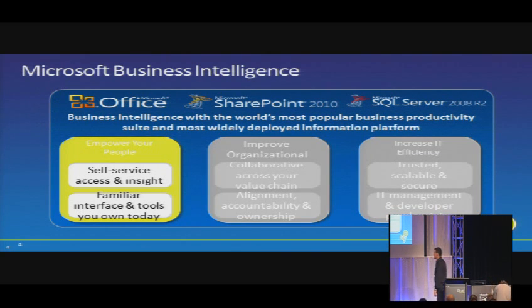So, a little bit about Microsoft Business Intelligence. There are 3 core assets that Microsoft are trying to deliver with their business intelligence. Empowering the people by giving them self-service access and insight. For those of you that went to Marcel's session, you would see how Power Pivot is allowing you to leverage that self-service capability using familiar interface and tools.